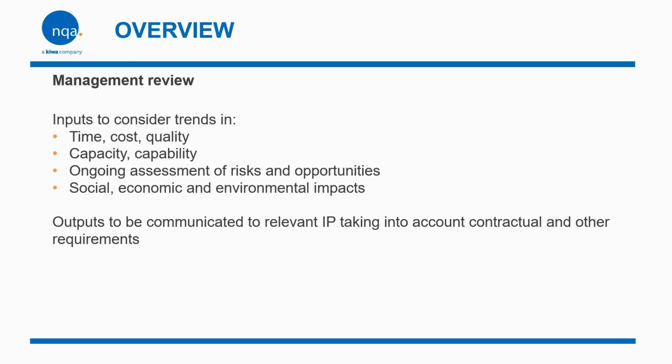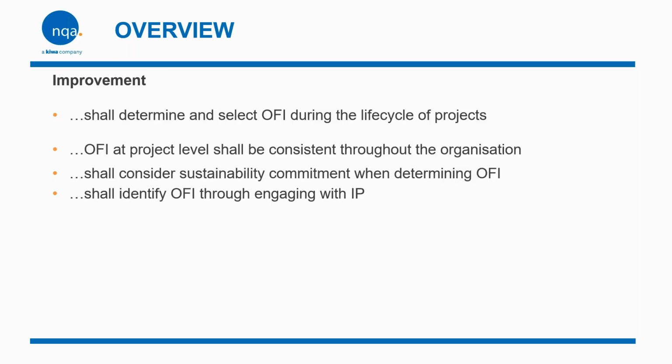Again, these are all things that come up in 9001, but it also includes social, economic, and environmental impacts, evaluating how projects and organizational activities are aligning. Outputs of the management review: review outcomes, decisions, and actions, and these must be communicated to relevant interested parties. The management review should be data driven to make informed decisions.